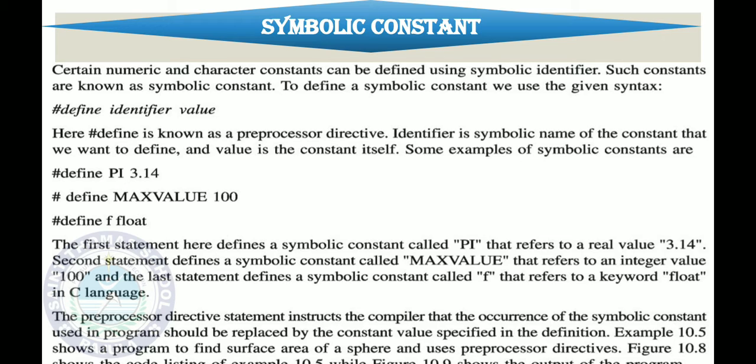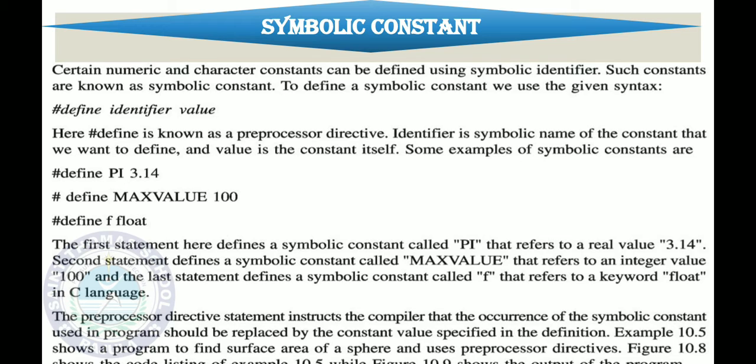So the preprocessor directive, what is the use of hash define? This hash define will give an instruction to the compiler. It will tell the compiler that whenever this type of symbolic constant is used in the program, like pi, then the pi must be replaced by its constant value 3.14.